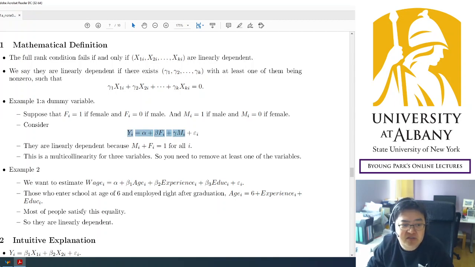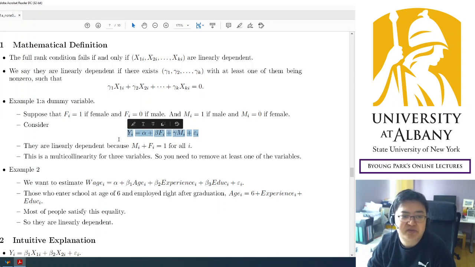And think about, say, for example, y is wage. So wage is regressed on intercept and female dummy and male dummy and an error term. Assume that all the other assumptions are satisfied. Do you think it's possible? Can you estimate this? No.